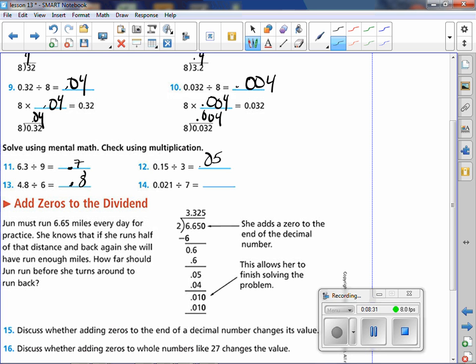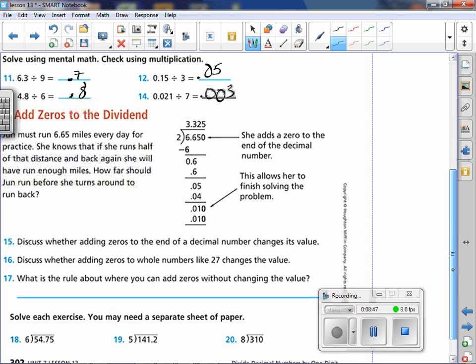I need that extra 0. It's like moving it over. 21 divided by 7 is 3, but it's 3 digits. So 1, 2, 3, and my decimal goes here. Hopefully that makes sense.